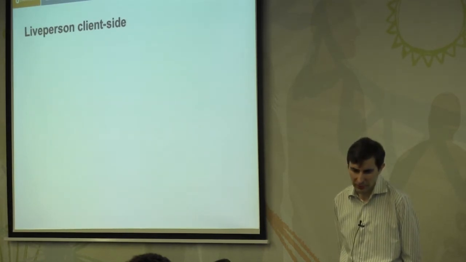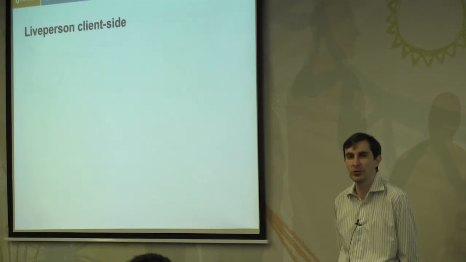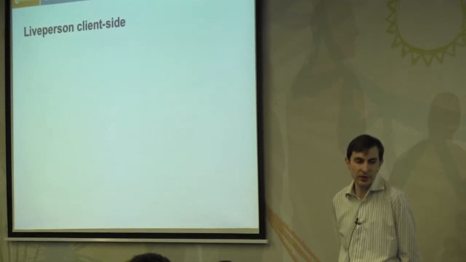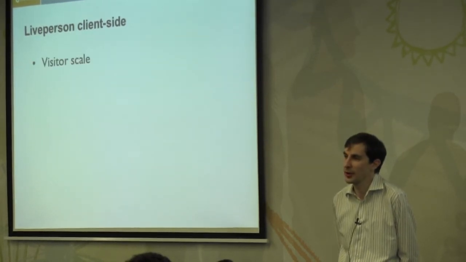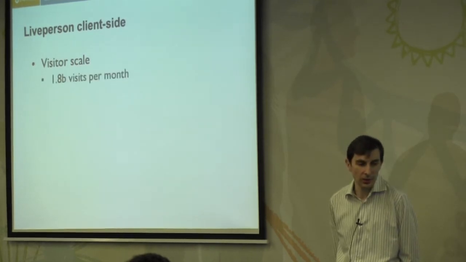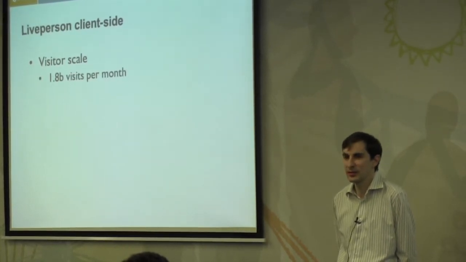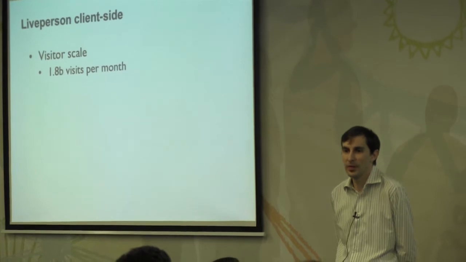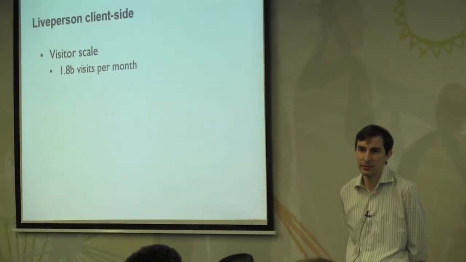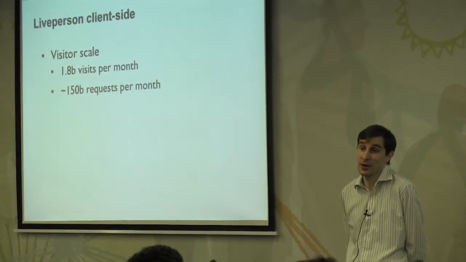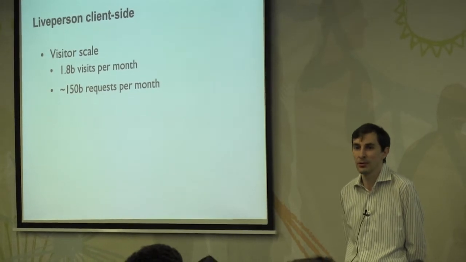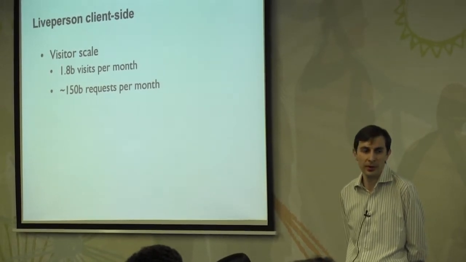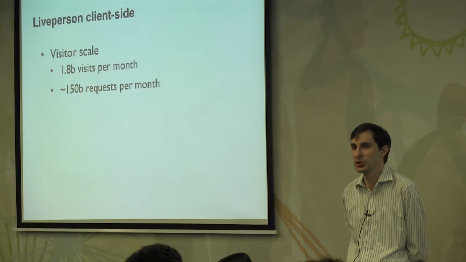A few words about LivePerson client side, so we'll put the focus on what we're talking about. LivePerson client side really divides into two areas. Visitor scale, and we're talking about 1.8, and notice the small b, it's billion visits a month, around 150 billion requests a month. All of them are being processed by 150 machines.